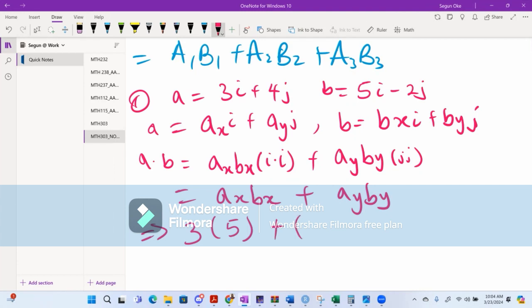Plus, what is Ay, which is our 4, multiplied by what is our By, minus 2. So at the end of the day, you have 15 minus 8. The final answer will be 7. Any question? The final answer is 7.